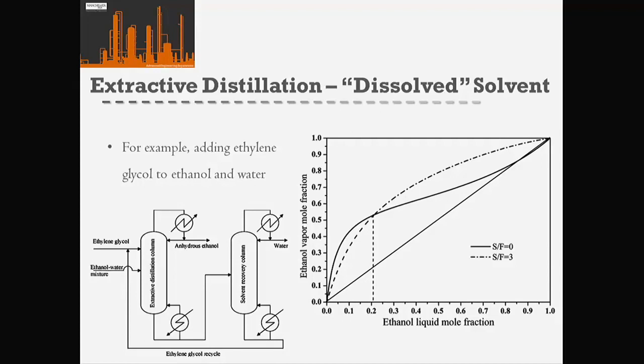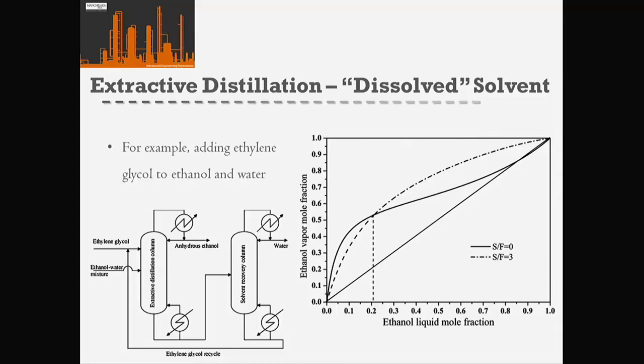So I think I promised at the start of the course we would look at a method of how we could separate ethanol and water by distillation. Yeah? So here it is. So if we add ethylene glycol to our mixture of ethanol and water, the boiling point of our ethylene glycol is much higher than both of these two materials.